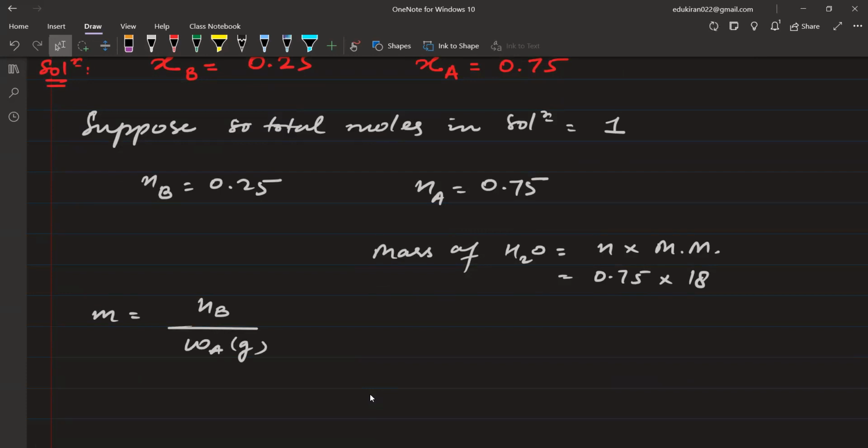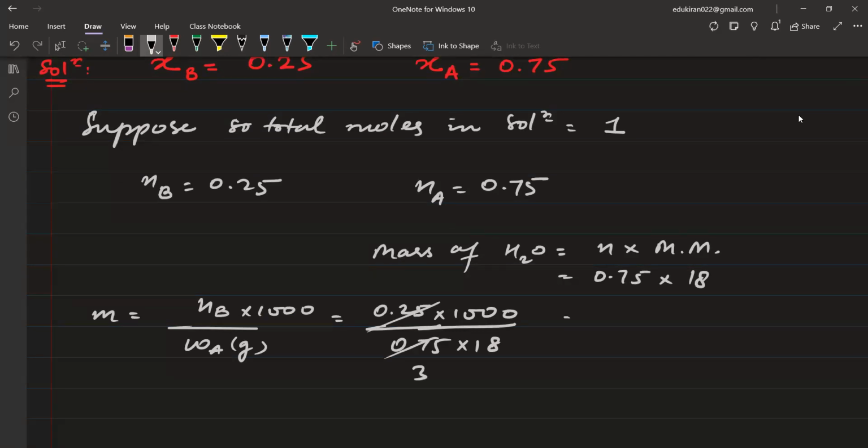If it is in grams, then I have to multiply by 1000 in the numerator. The number of moles is 0.25 into 1000 divided by the mass of water, 0.75 into 18. So this will cancel like this, 3, and then 500. This will be 9.